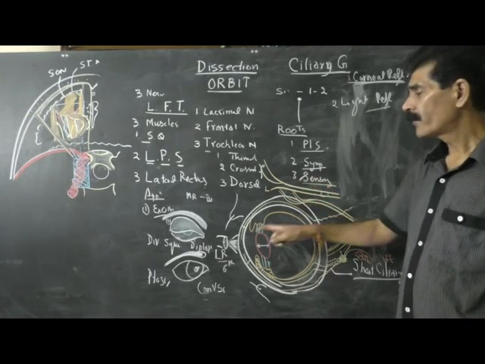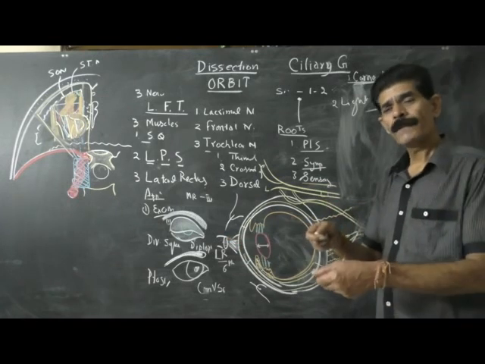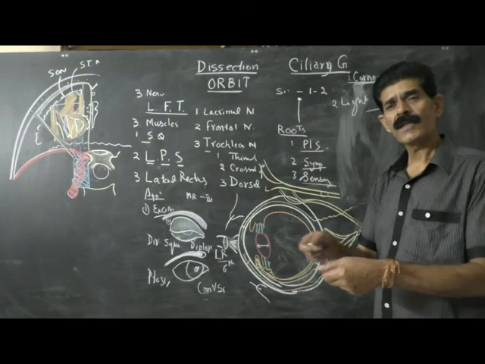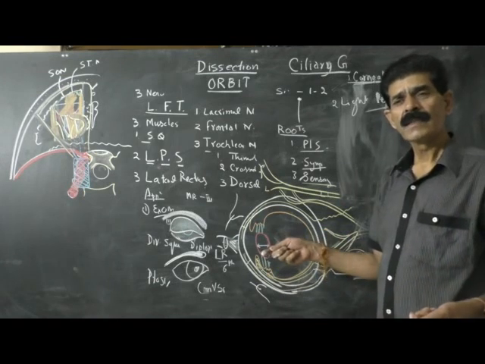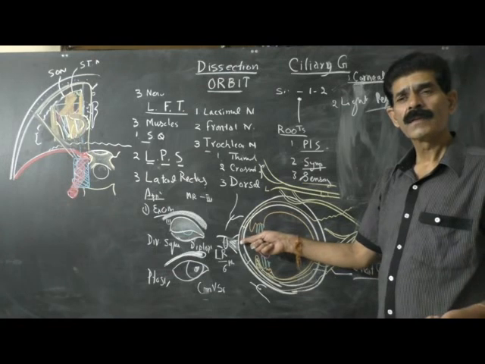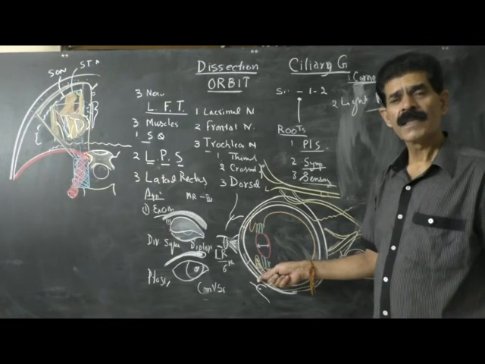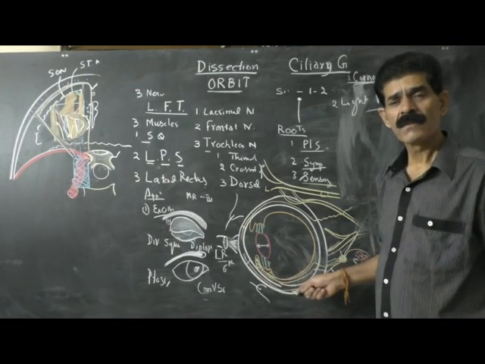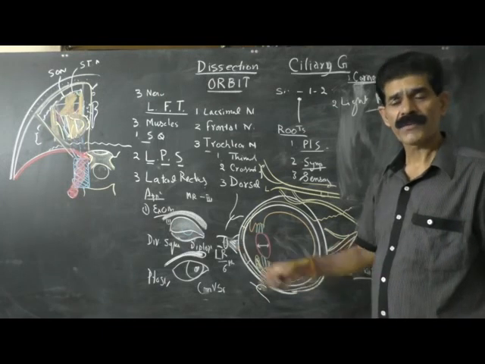But if only the light reflex is absent, if you are putting the light on the eye and there is no reaction of the pupil, it means the light reflex is gone, parasympathetic fibers are gone, ciliary ganglion is lost. So damage to the ciliary ganglion will cause the loss of the light reflex.